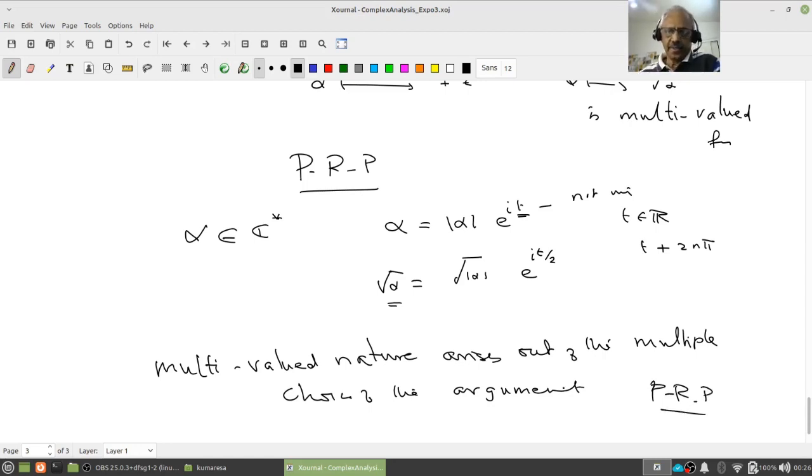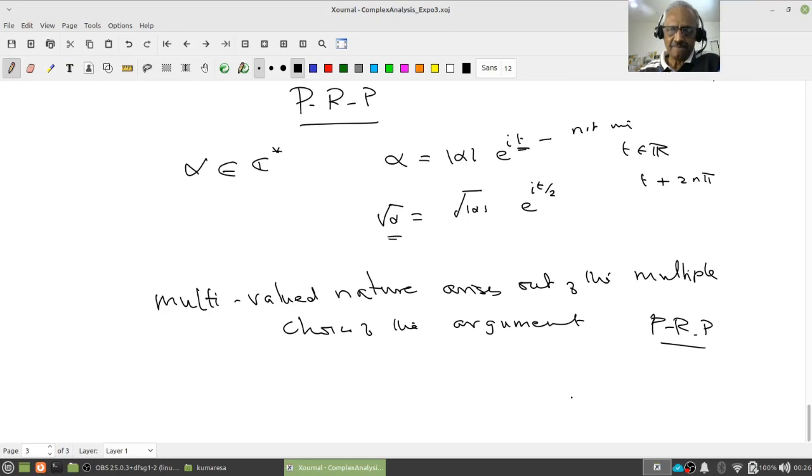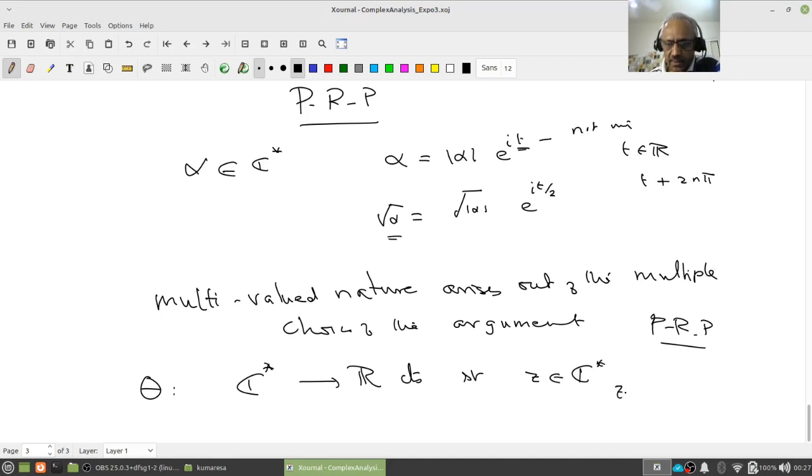Are you following? So this problem is solved. If I want to make a single valued thing, what should I do? I should choose a continuous choice of t. That means from C star to R, I am looking for a continuous function theta such that for every z in C star, z is mod z into e power i theta of z.